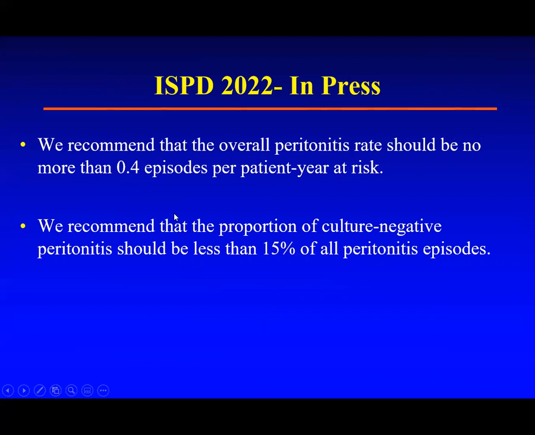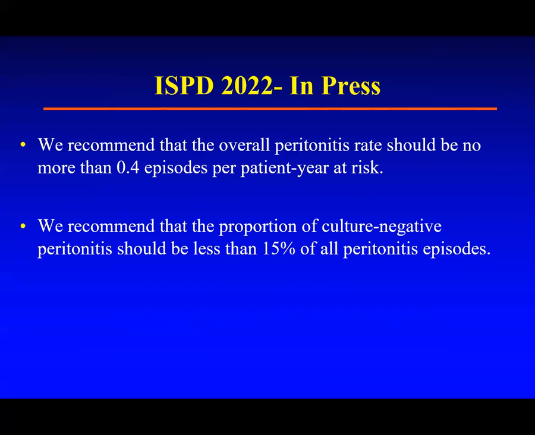As I mentioned, there are new recommendations from the ISPD in press, and that recommendation is tightening things a little bit. We used to say that the overall peritonitis rate should be no more than 0.5 episodes per patient year at risk.